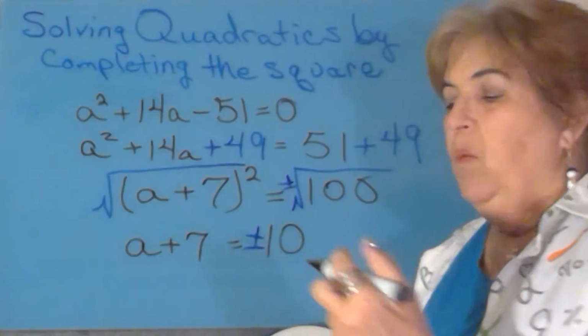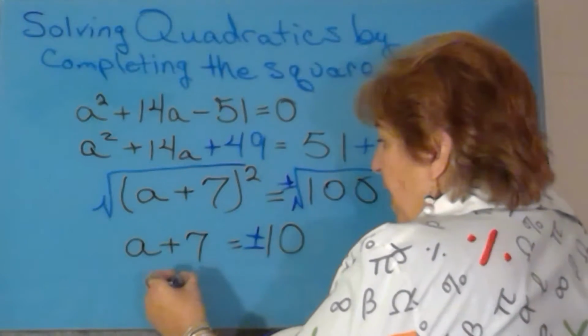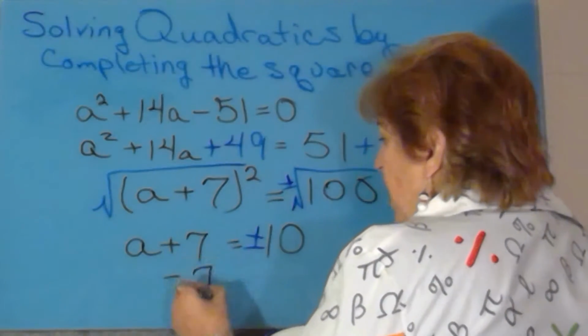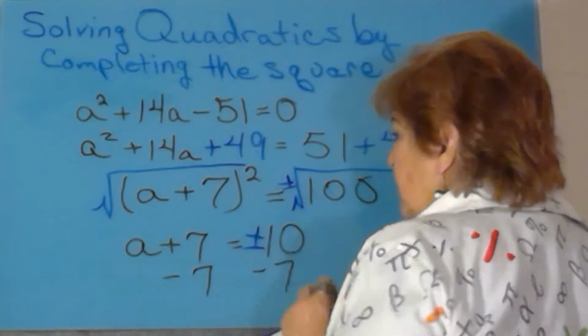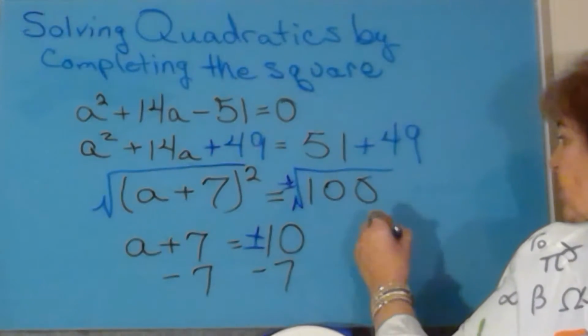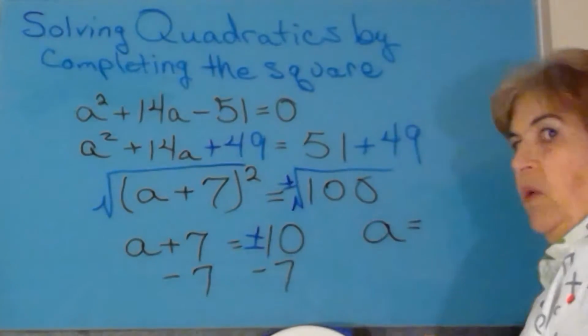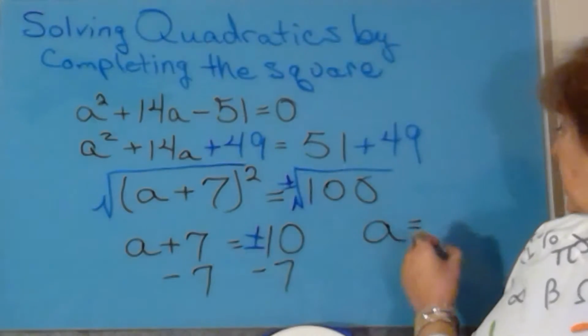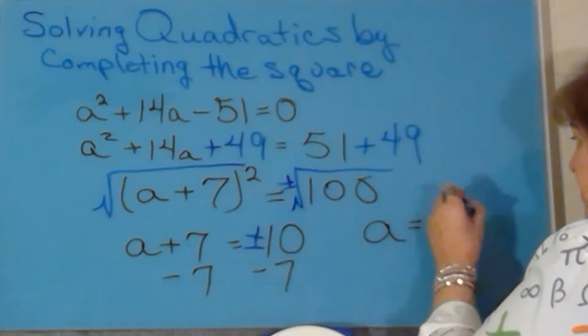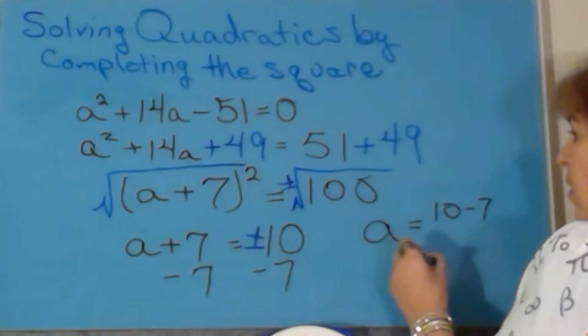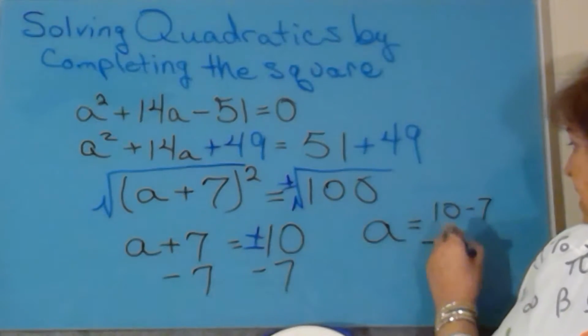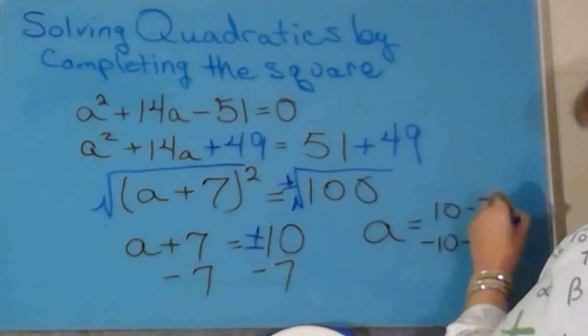So then, when I decide to solve for a, I need to subtract 7 from both sides. You have to realize that a equals either 10 minus 7 or negative 10 minus 7.